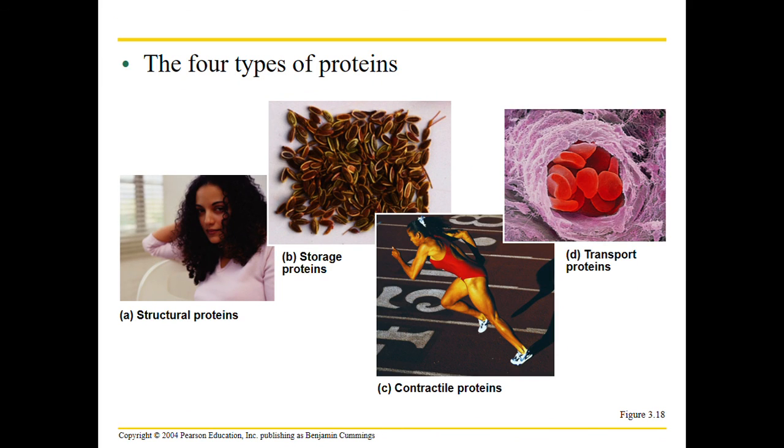We have structural proteins like keratin in hair. We have storage proteins for energy. We have contractile proteins, which are like in muscles. And then we have transport proteins like hemoglobin in the blood. Hemoglobin is a protein that helps us transport oxygen.